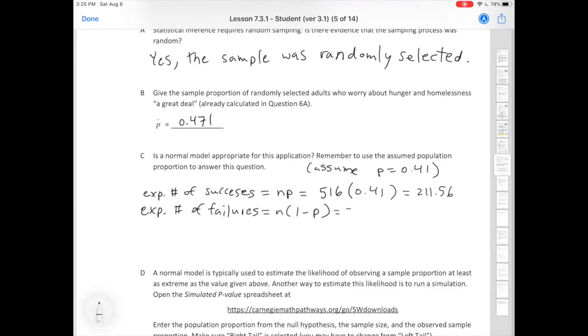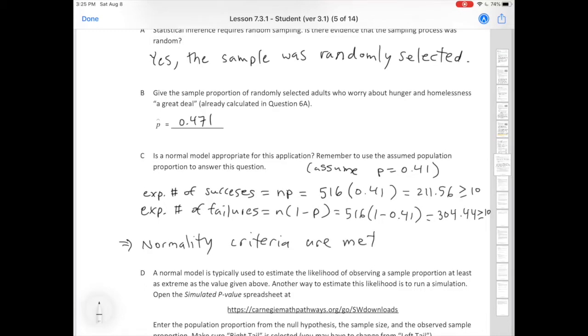And if I do 516 times 1 minus 0.41 in my calculator, I get 304.44. And both of these are bigger than 10, aren't they? So this implies that normality criteria are met.